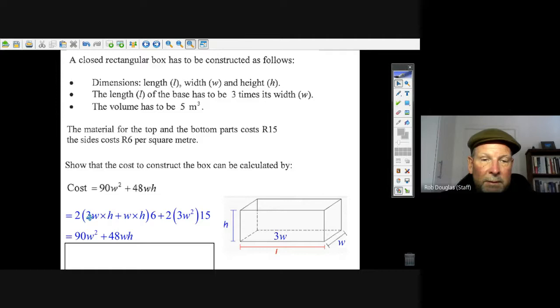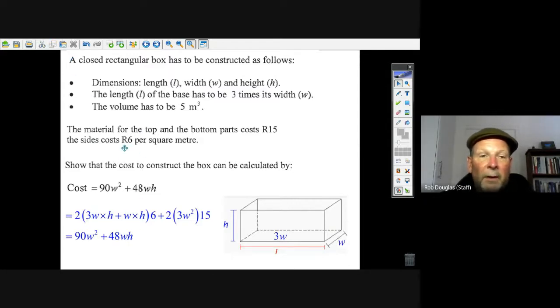Well, 3 plus 1 is 4WH times 2 times 6 gives me 48WH. Well, that explains the formula for the cost.